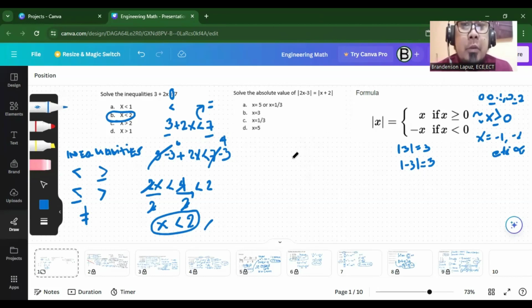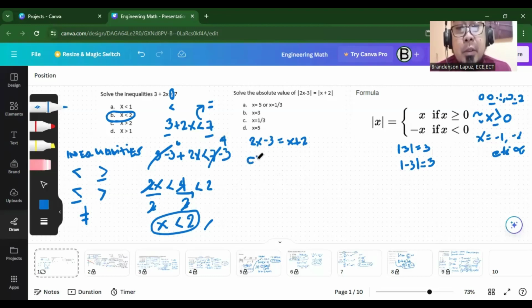Solve the absolute value of 2x minus 3 is equal to x plus 2. In this case, we have two cases. Rewriting the problem, that is 2x minus 3 is equal to x plus 2. I have removed the absolute value sign in order for me to calculate this.